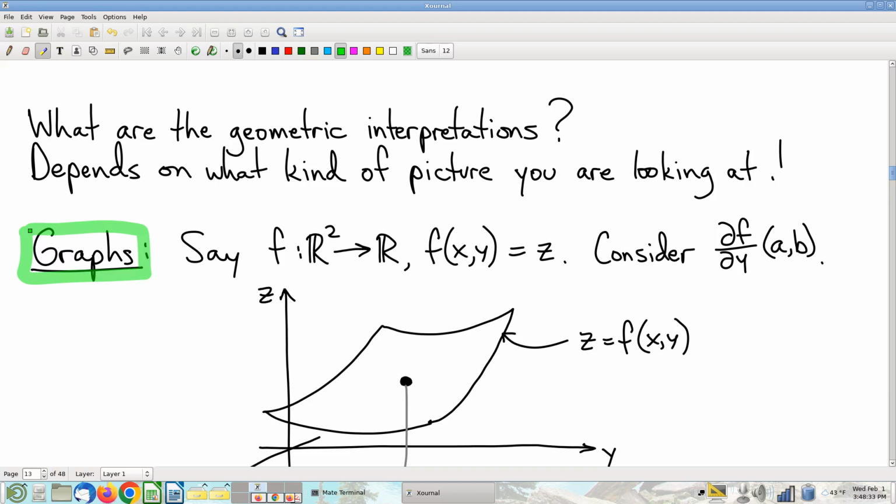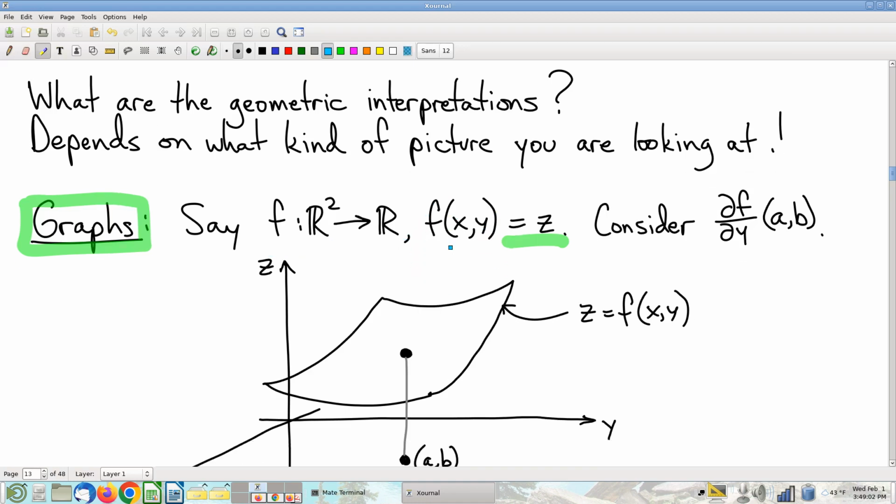Everything that follows applies only if you're looking at the graph of the function you're taking a partial of. And we're going to have a completely different analysis for level sets, et cetera. Okay, so graphs. Notice I'm looking at a graph here: value of the function, 2 inputs, 1 output. The value of the function is set equal to a new variable z.